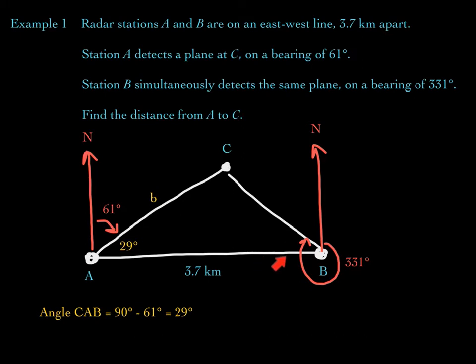That must mean the angle that is inside this triangle right here must be 331 degrees minus 270. If you subtract 270 degrees, you'll be left with just this angle here. So this angle must be 61 degrees.